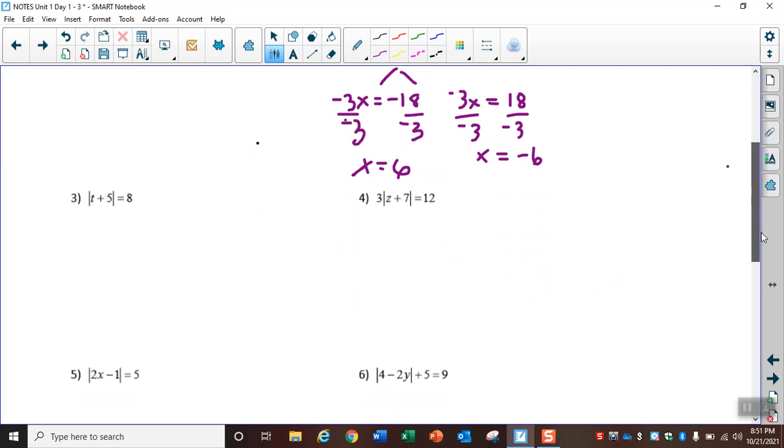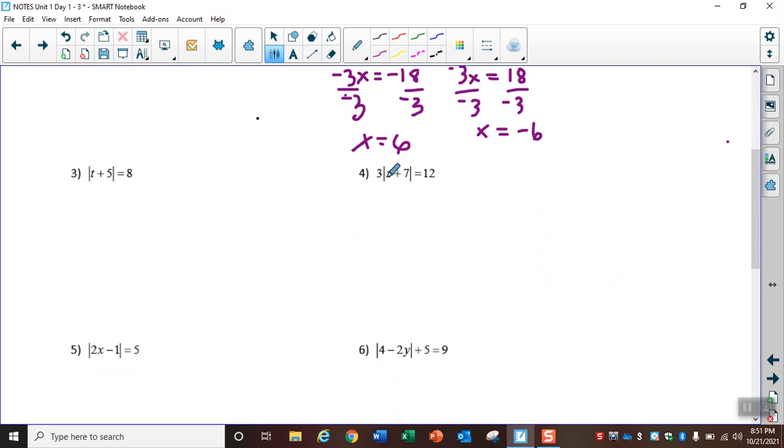All right, so number 4, you have to get the absolute value by itself. So this 3 is stuck to there, so it's not the distributive property because it's absolute value. All right, so I'm just going to divide by 3 on both sides. So that goes away, and I get the absolute value of z plus 7 is equal to 4.